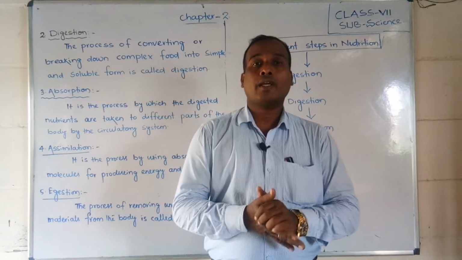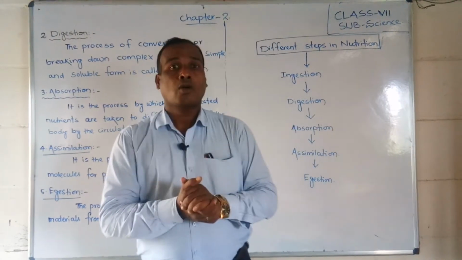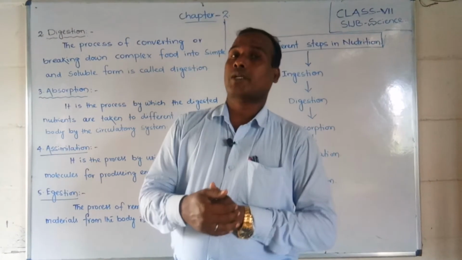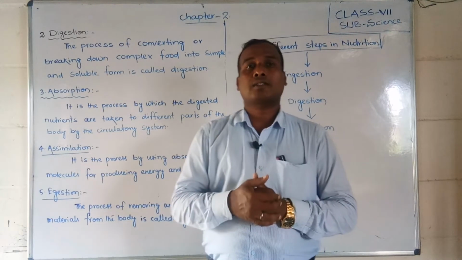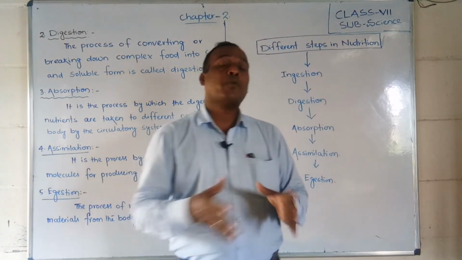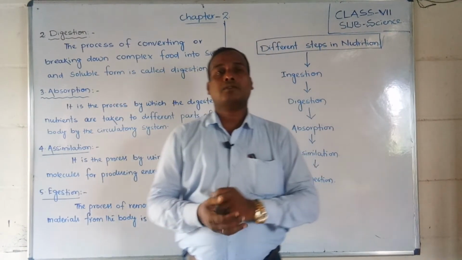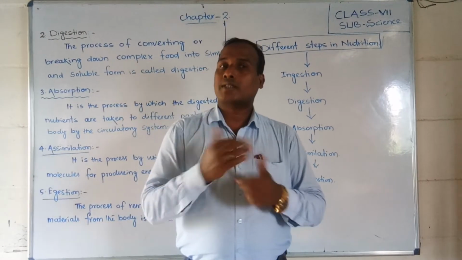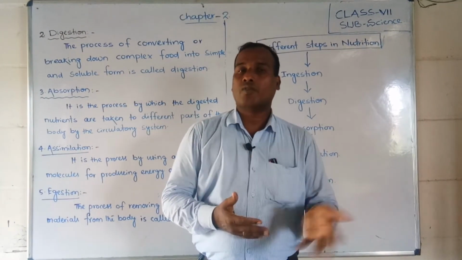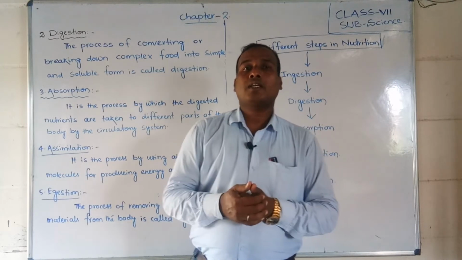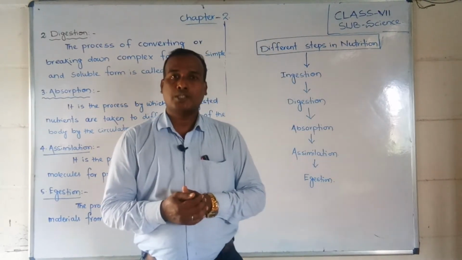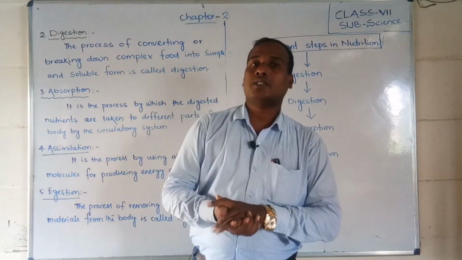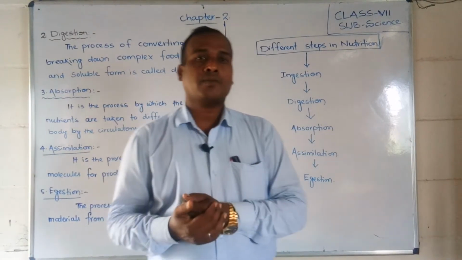But students, today we are going to discuss the next 4 steps. The second one is digestion. It is very important. Digestion means the food we or the animals take, which is in solid form, called holozoic nutrition, must be broken down into simpler or soluble forms.